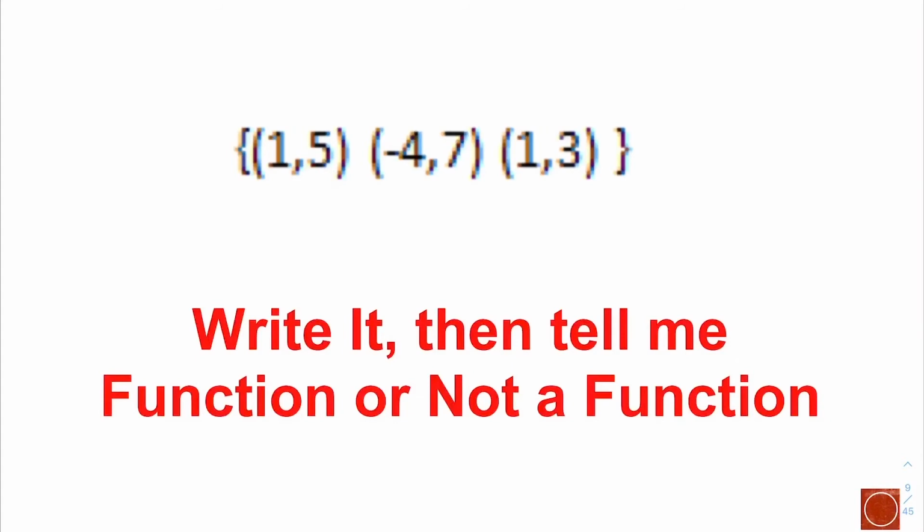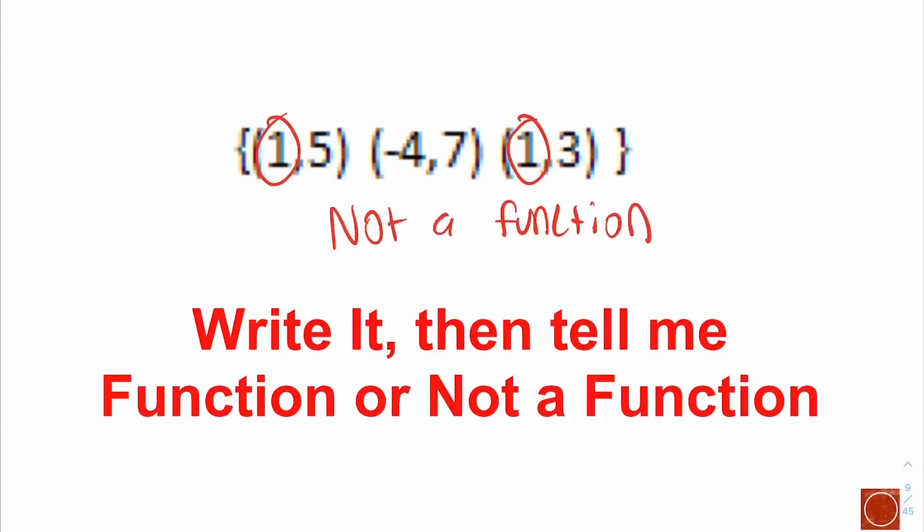Pause the video. There's the answer. It's not a function because the 1 repeats, but it does not have the same Y for the answer. If they both had 5s, then it'd be fine. If they both were paired with a number 3, then they would be fine, but since they have different Y's, they are not a function.